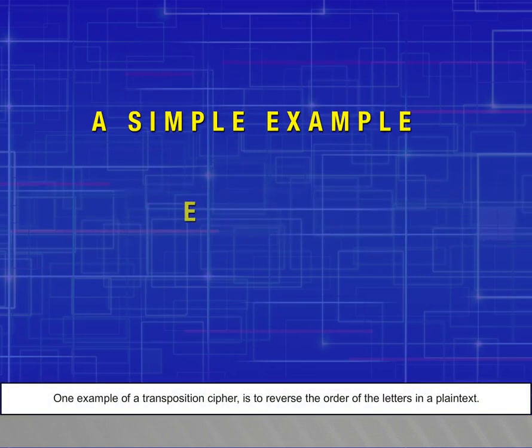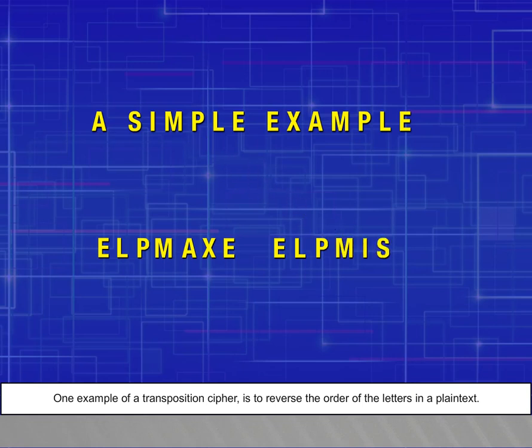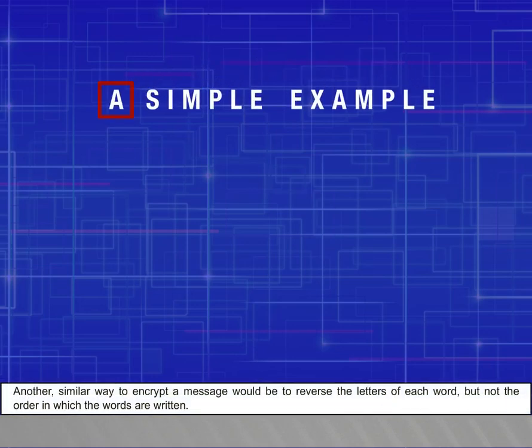One example of a transposition cipher is to reverse the order of the letters in a plain text. Another similar way to encrypt a message would be to reverse the letters of each word, but not the order in which the words are written.